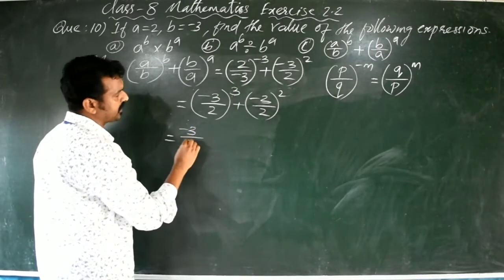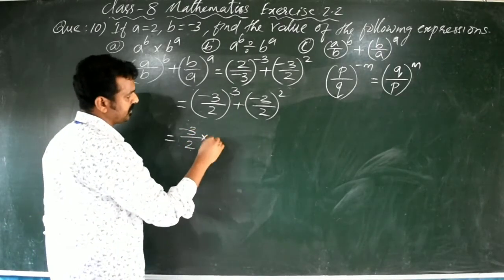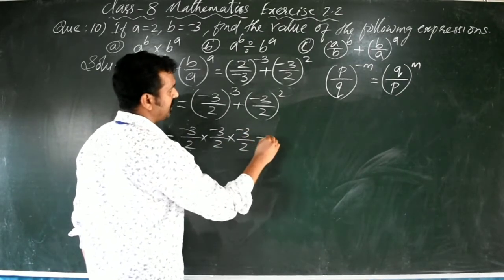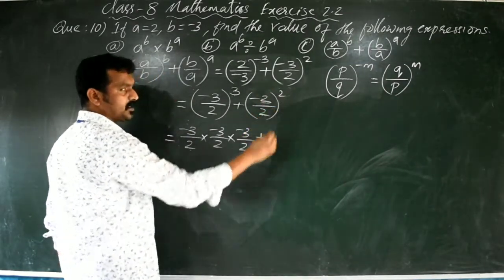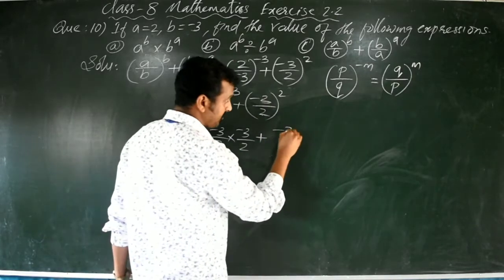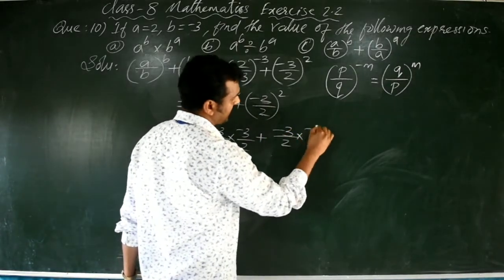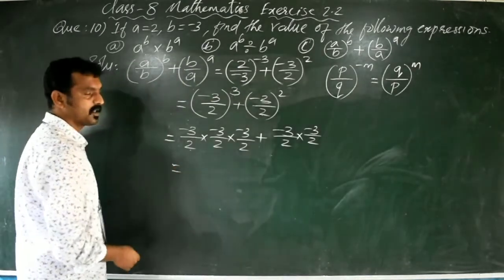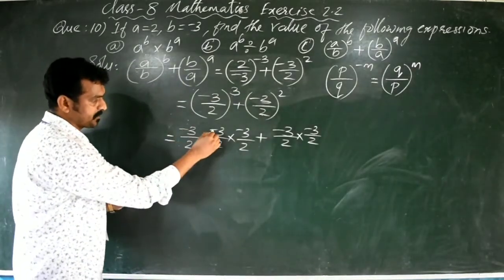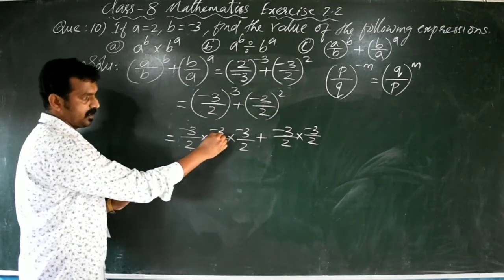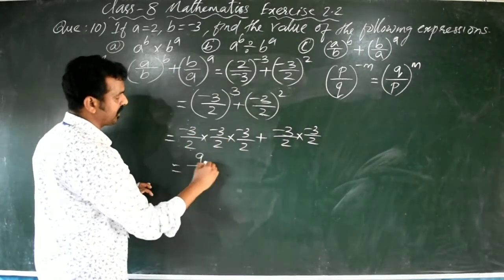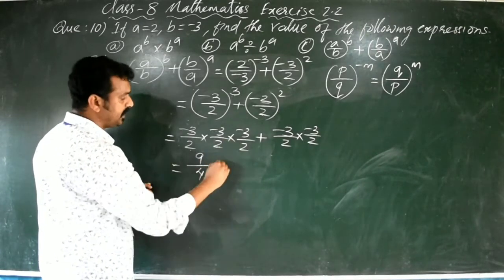Minus 3 by 2 is multiplying 3 times, that is minus 3 by 2 into minus 3 by 2 into minus 3 by 2, plus minus 3 by 2 raised to 2, that is minus 3 by 2 into minus 3 by 2. Now multiply: minus into minus is plus, 3 3s are 9, divided by 2 2s are 4.